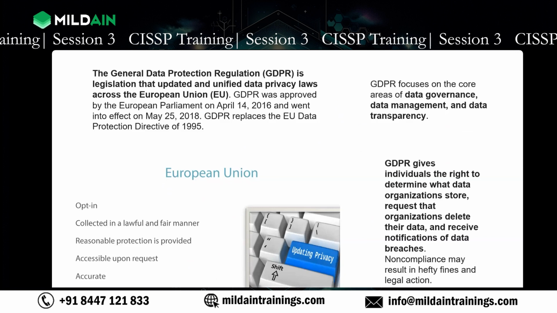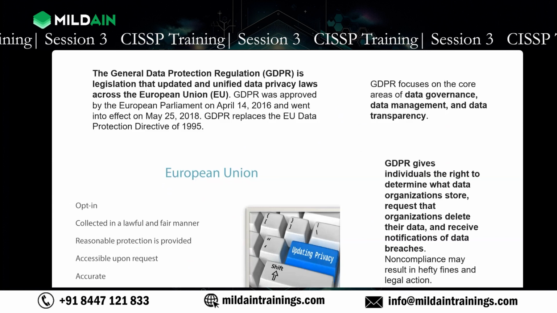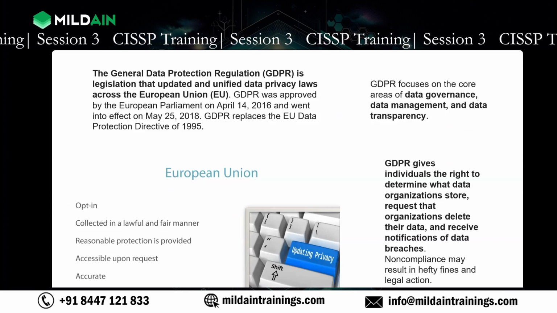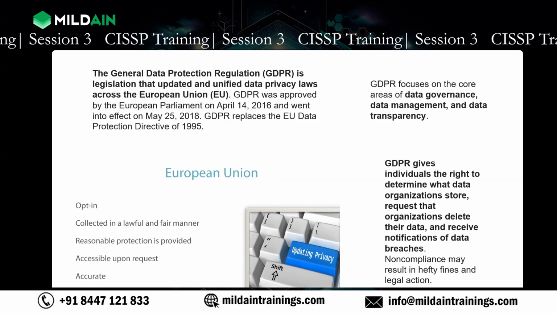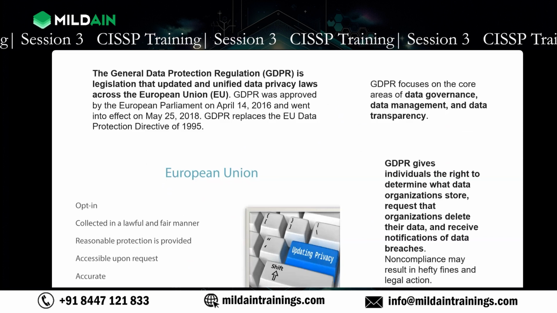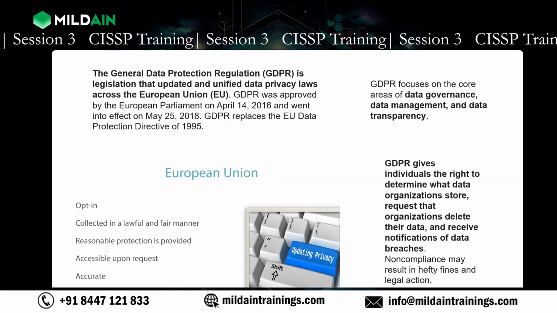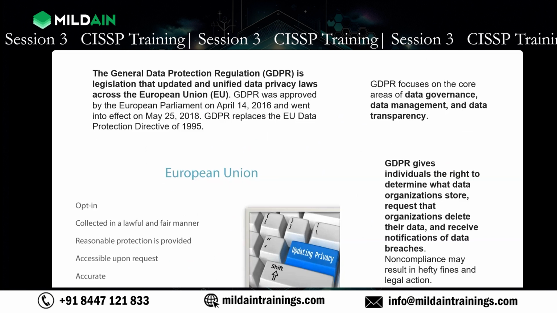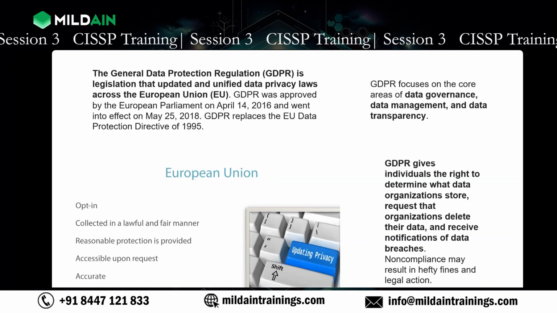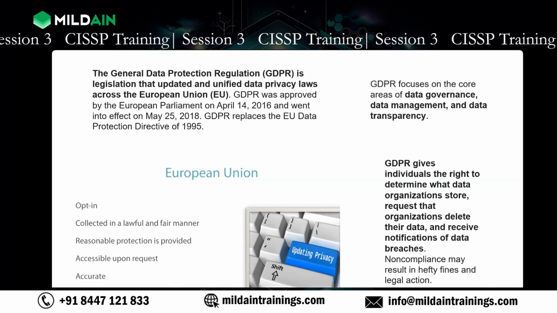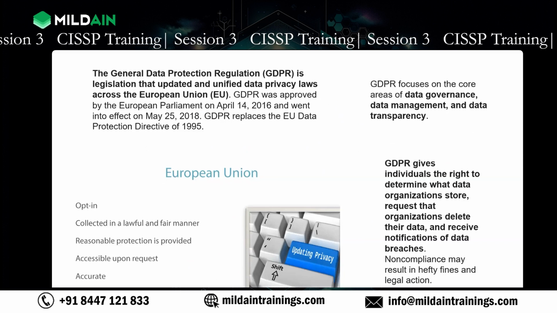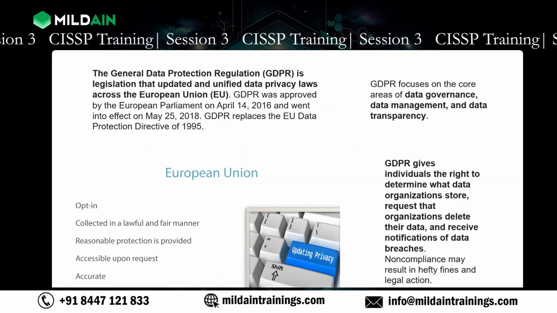Data transparency means what you have opted into, and how transparent we are in working with those policies. GDPR gives rights to an individual. When I say individual, here Arvind is an individual, Nitin is an individual, Albert is an individual, Senthil is an individual. So the General Data Protection Regulation is an individual privacy act.